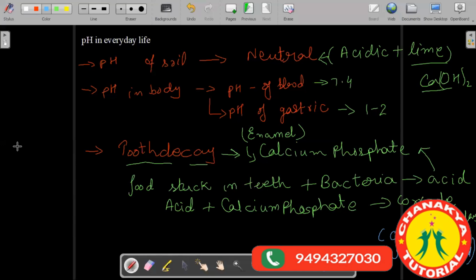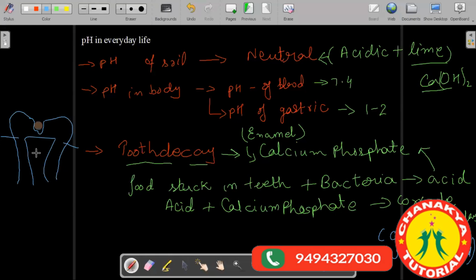So this is what happens. If you look up the structure of the teeth, you have the tooth enamel, and this is the upper portion or the crown of the tooth. Slowly, some potholes are created here. Due to the cavity, more and more food will get stuck over here and acid will be created.